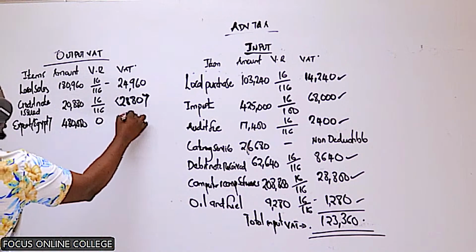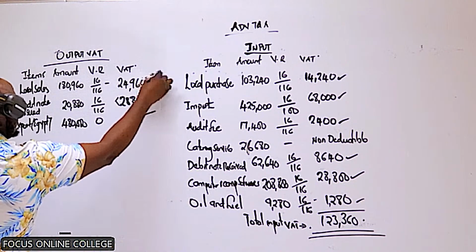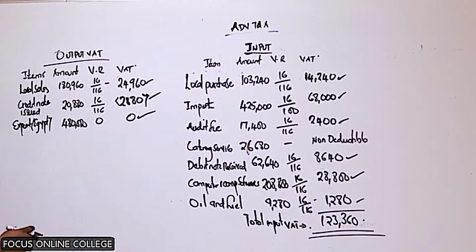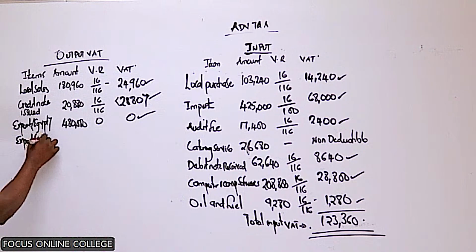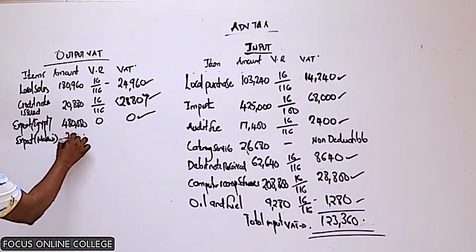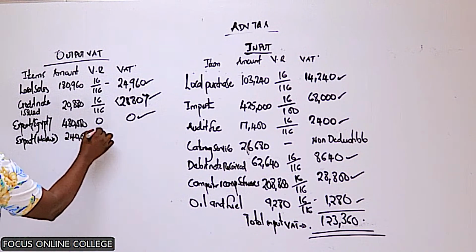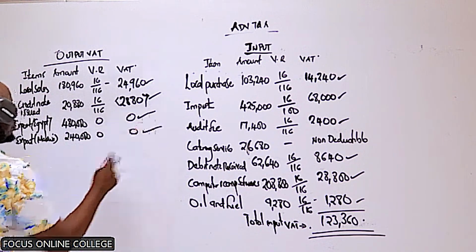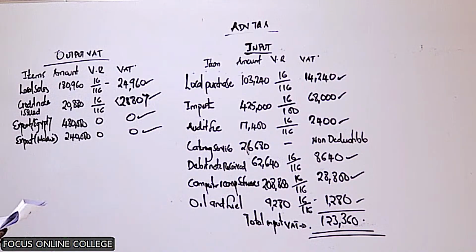So this should be zero. You must write a zero, not a dash. Zero and the dash are two different things. The dash means exempt. So we move to the next, export to Malawi. Malawi is 240. So we have 0.